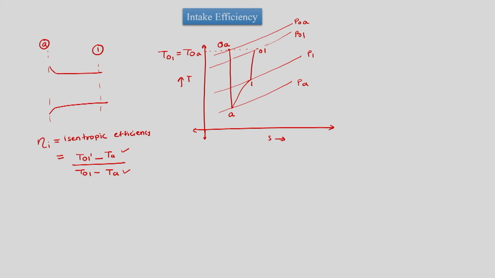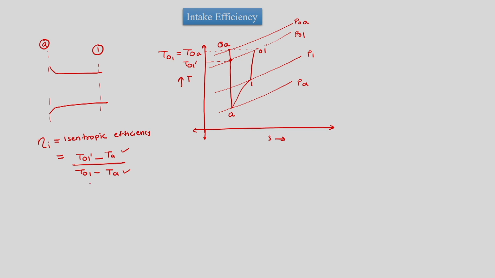But if isentropically we would have done, then we would have reached P naught 1 pressure at a lower total temperature, which is T naught 1 dash. This is the total temperature we would have reached at the P naught 1 pressure.